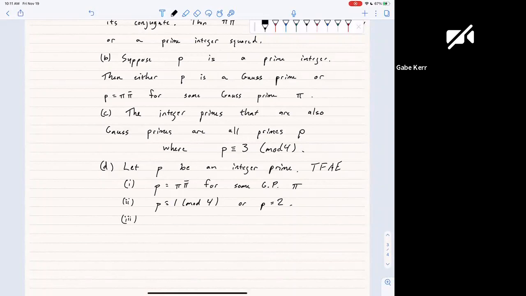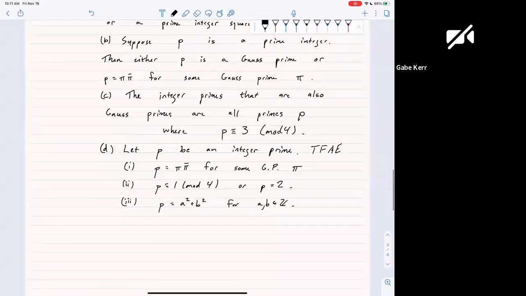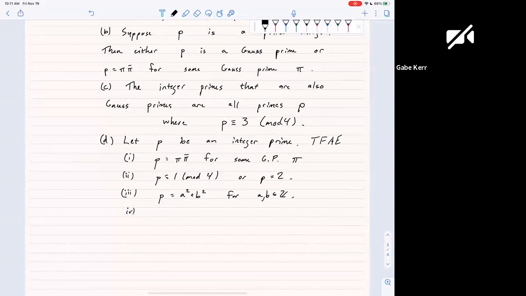p is the sum of two integer squares. The residue of, okay, so I'll write what he writes and I'll explain that. It says the residue of -1 is a square mod p.